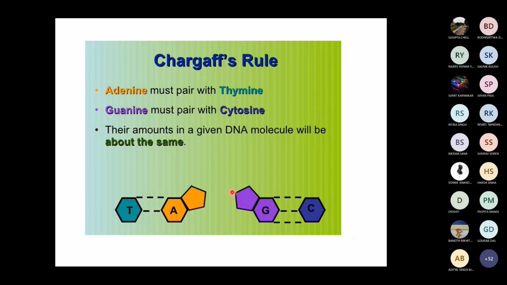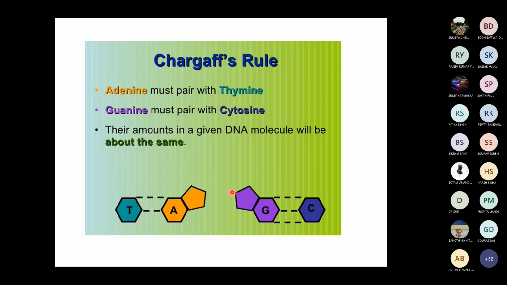So A is pairing with T. Similarly, guanine is pairing with cytosine. This is the rule that is followed in the DNA while forming the double helical structure. So adenine is shortly written as A, thymine as T, guanine as G, and cytosine as C. So ATGC, AT and GC.